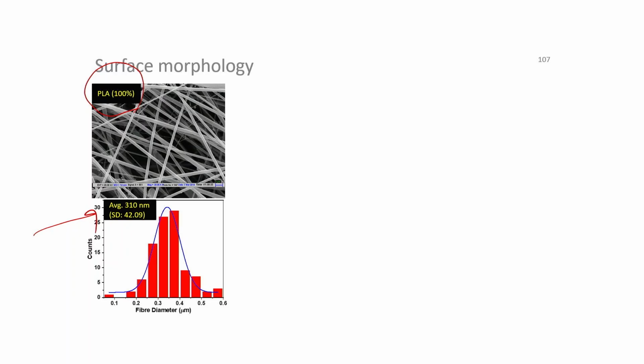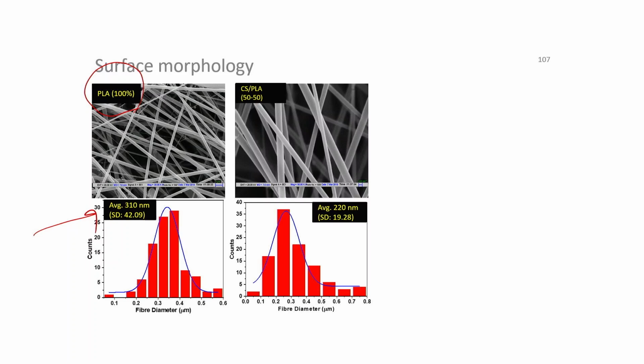This is the nanofiber diameter. Then next, the sample with 50% PLA and 50% chitosan, the average diameter which we got is 220 nanometer.